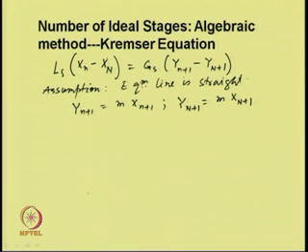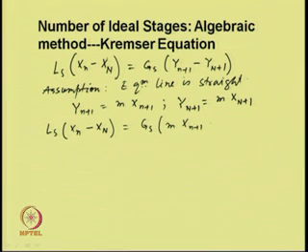Now, if we substitute in this equation, it will be L s into x n minus X n is equal to G s m into x n plus 1 minus y n plus 1.